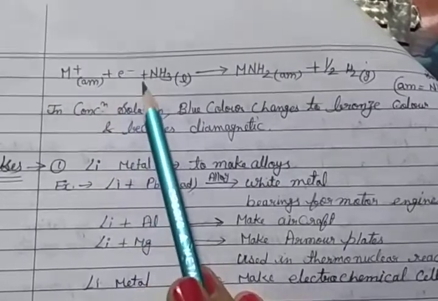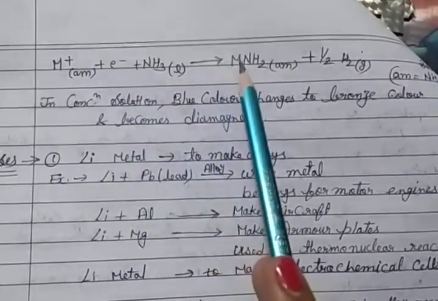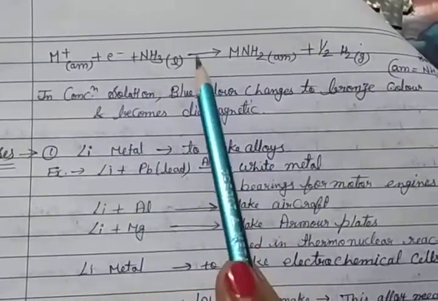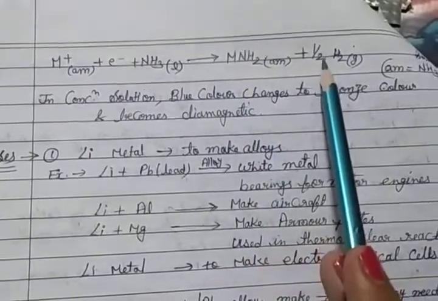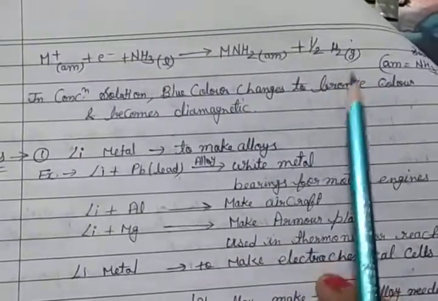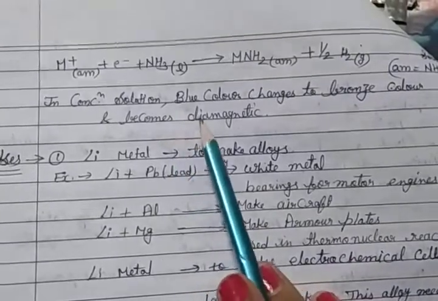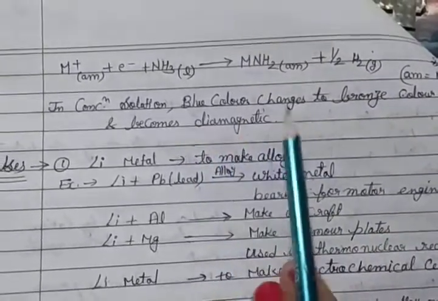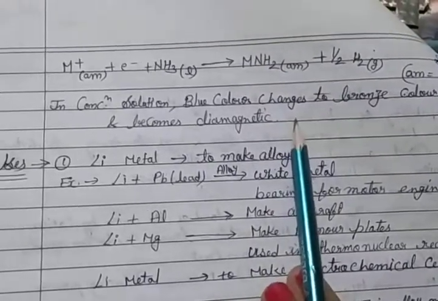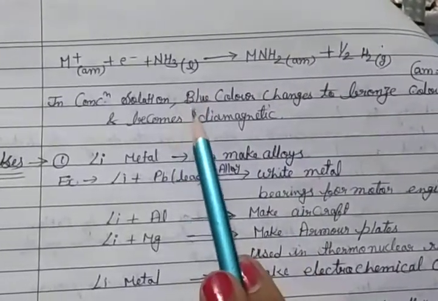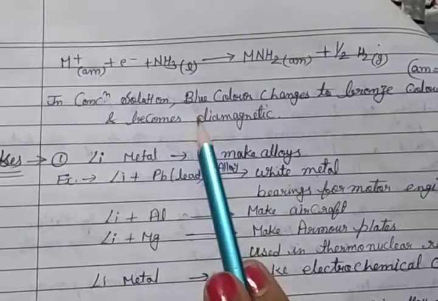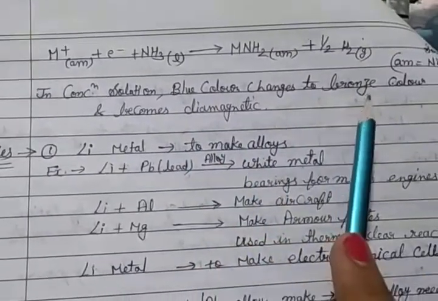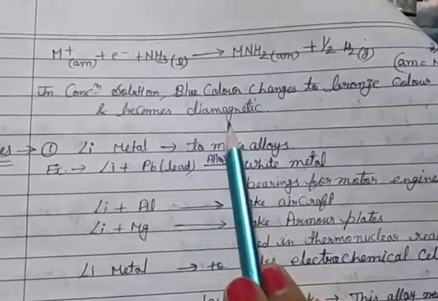M plus electron plus ammonia converts to amide, MNH2, and hydrogen gas is liberated. In concentrated solution, the blue color changes to bronze color and it becomes diamagnetic. Clear? So whenever we take a concentrated solution, the blue color changes to bronze and it becomes diamagnetic.